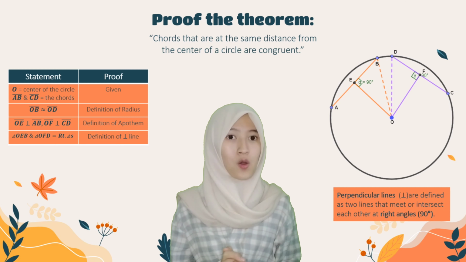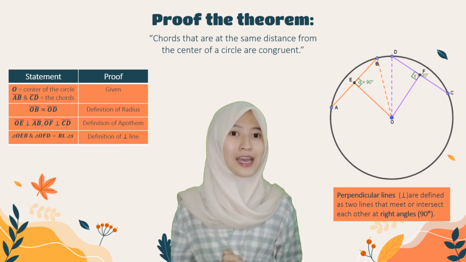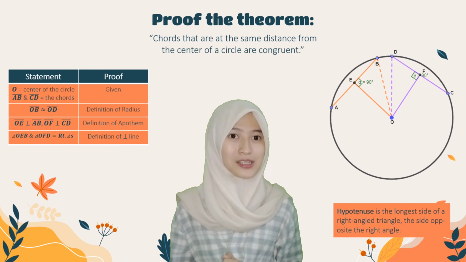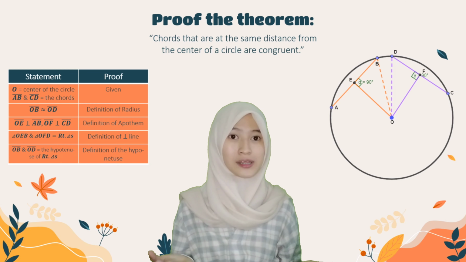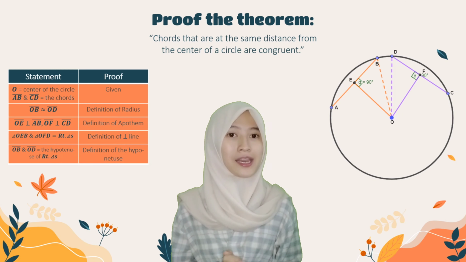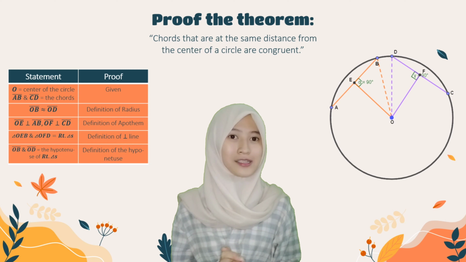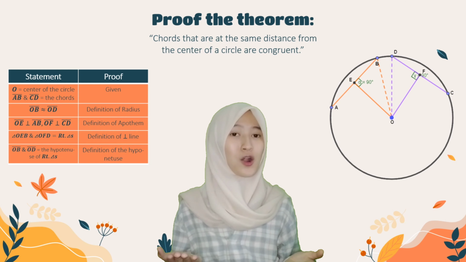And here we get OB and OD as the hypotenuses of the right triangles. Before, we agreed that line OB and line OD are radii, which means they have the same length, or are congruent.